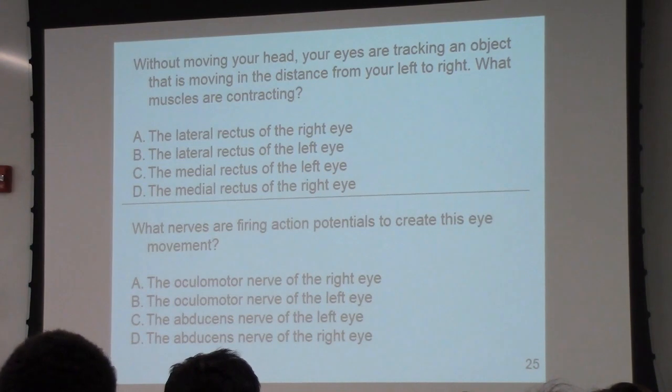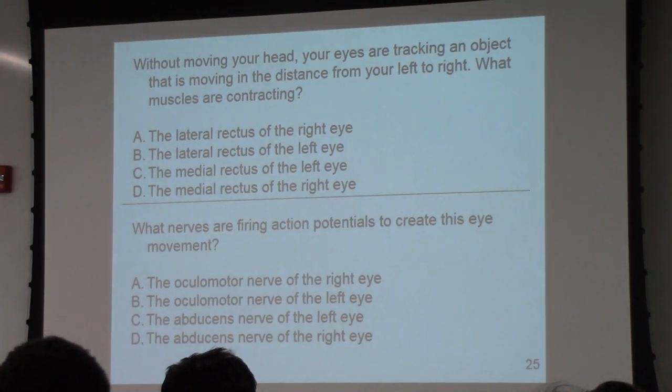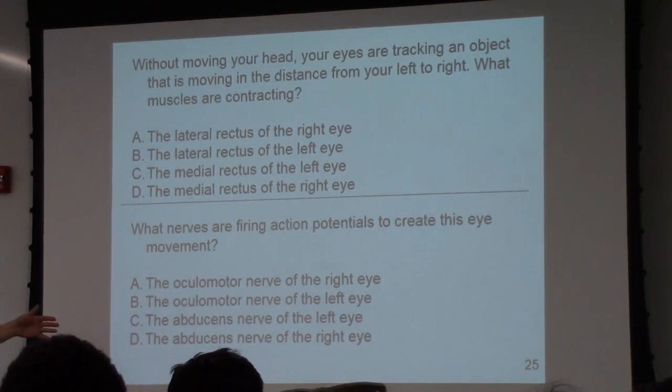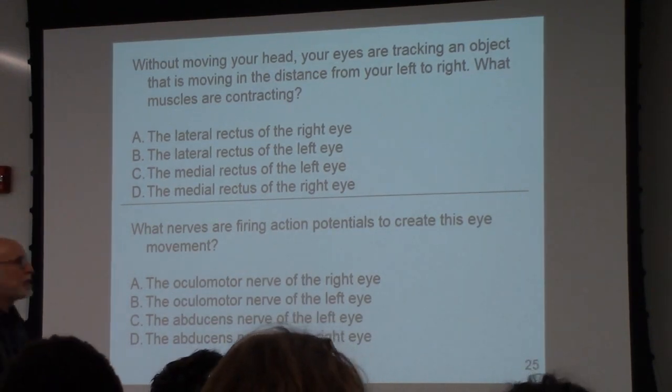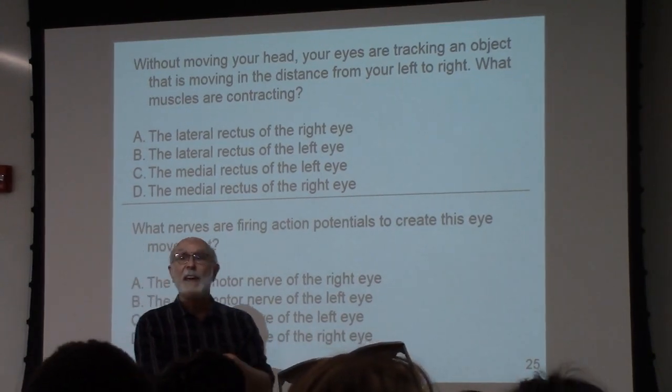So there's a whole new set of clickers associated with this part of the visual system that I'm not going to do, because you can do this as homework. Thinking about what muscles move, what nerves fire, because on Thursday, I'm going to want to go to the part of this lecture that I didn't get to, and that is the retina.